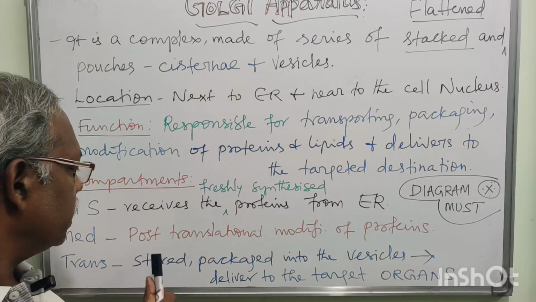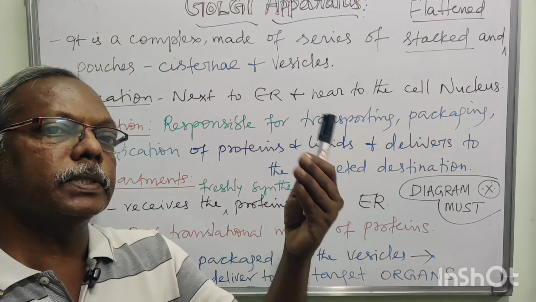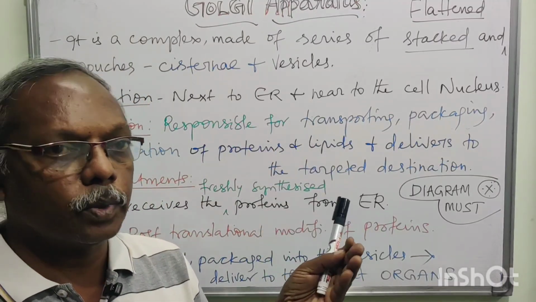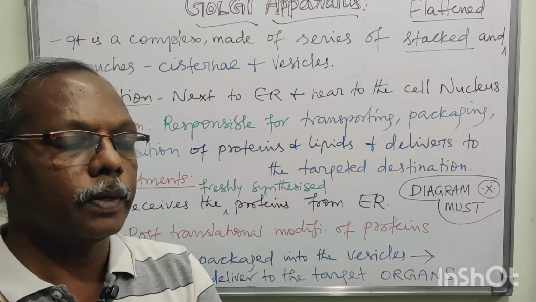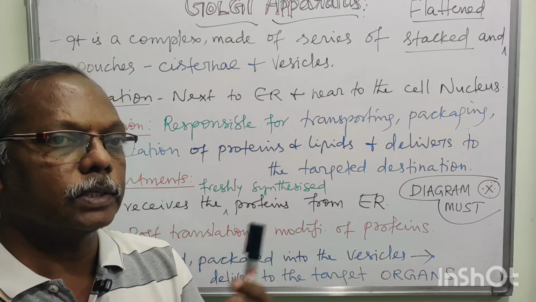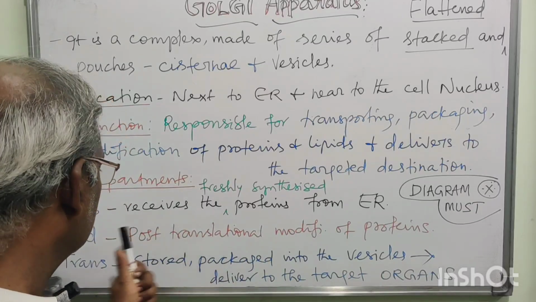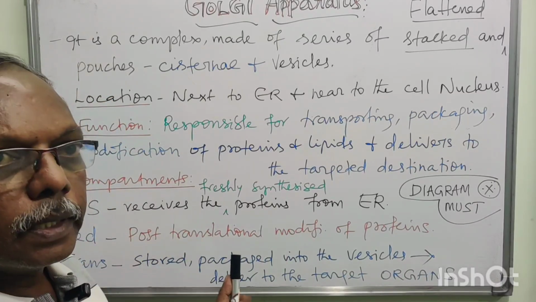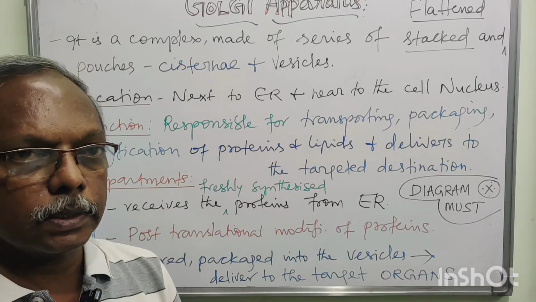What is it doing? Post-translational modification. Actually, all proteins are synthesized in an inactive form. After some reactions only, they are converted into active forms. That is known as post-translational modification. In this medial form only, this post-translational modification of proteins occurs.